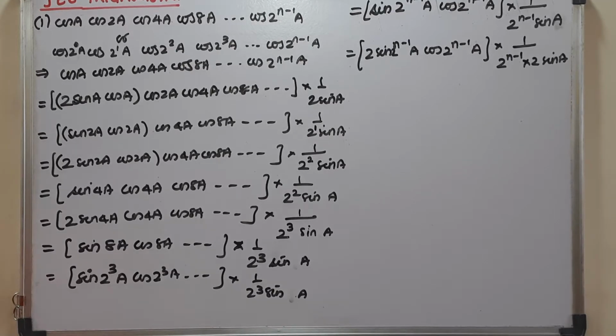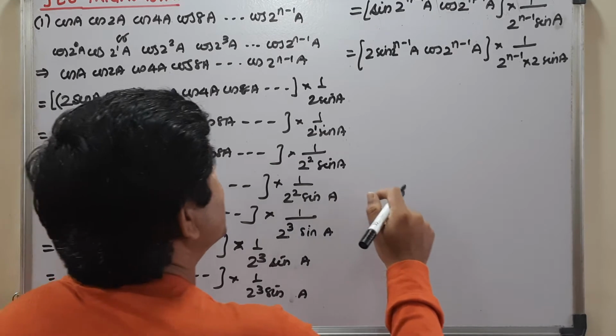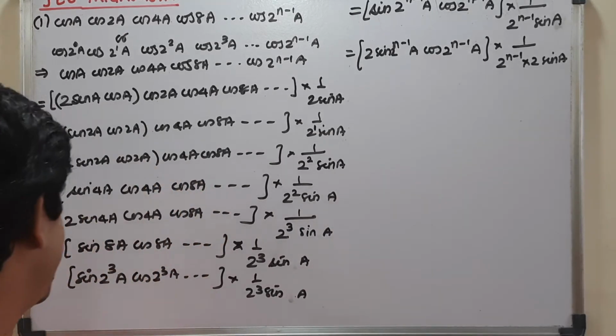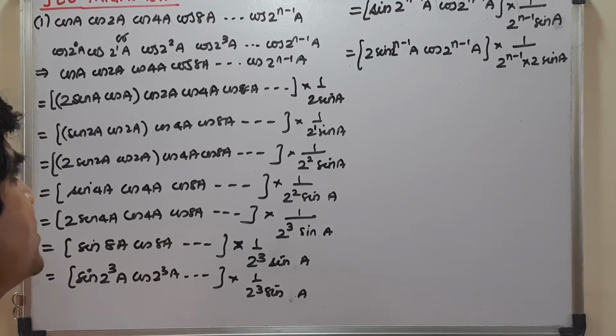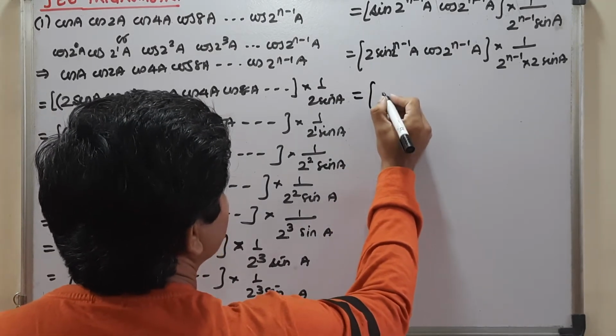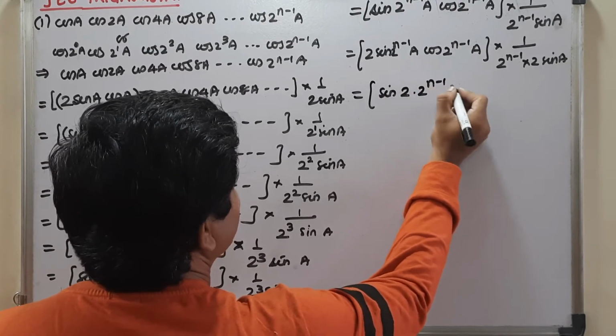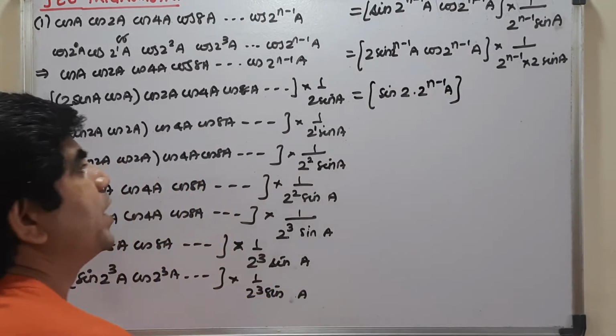So once I get this, that is 2 sin a cos a, right? 2 sin a cos a. So when you get 2 sin a cos a, you get this as sin 2a, that is sin 2a, 2 raised to n minus 1 a, okay?